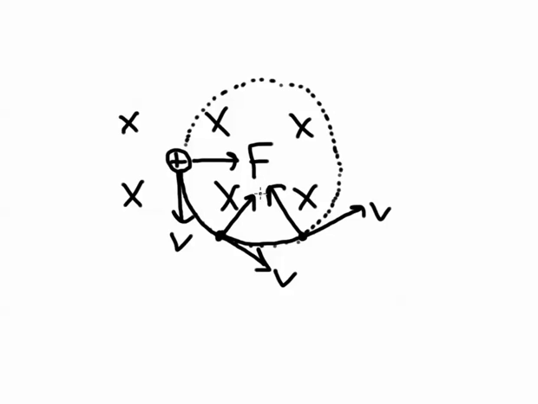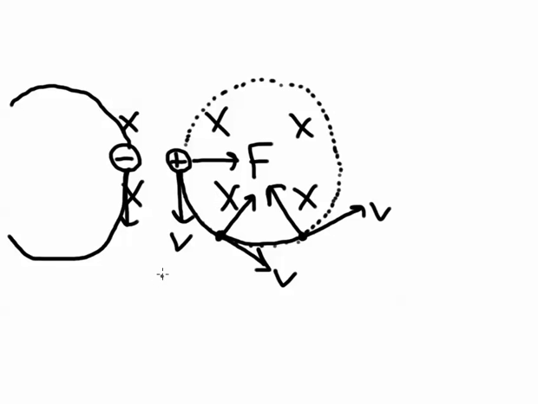So that would be true of a positive particle. If I put a negative particle in a magnetic field and I started it going down in this way, and the magnetic field was pointing into the page, then it would go on the opposite trajectory. And it would go around in a circle and come back to where it started.